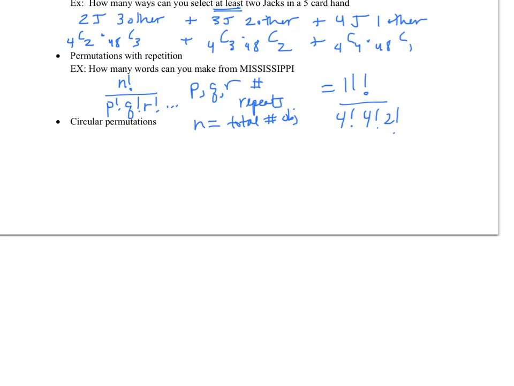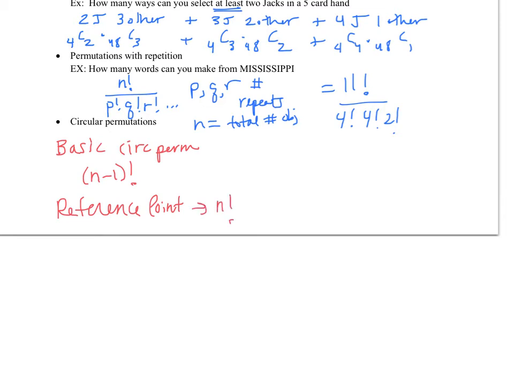Now when we talk about circular permutations, there are a couple different rules that we need to remember. If it is a basic circular permutation, then we're going to do (n minus 1) factorial. If there is a specific reference point, well, then that makes our circular permutation now appear linear. So in that case, we do n factorial.